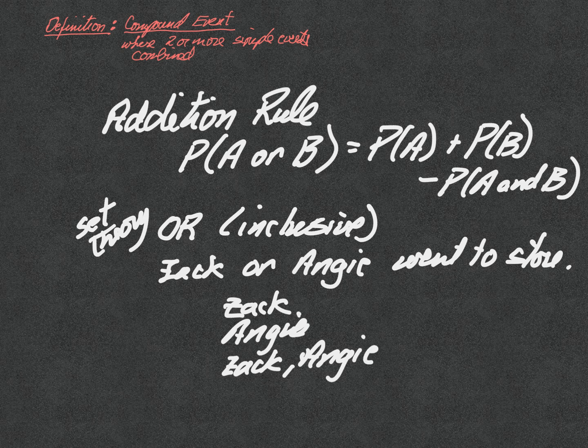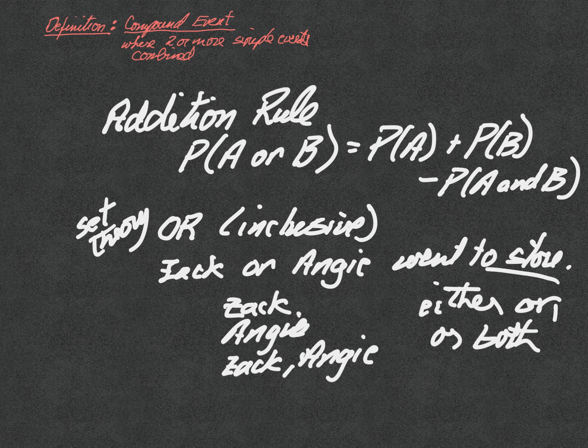It includes the case where they both go together. So Zach individually, Angie individually, or both. So it basically means either or both. And that's the meaning in this particular statement.